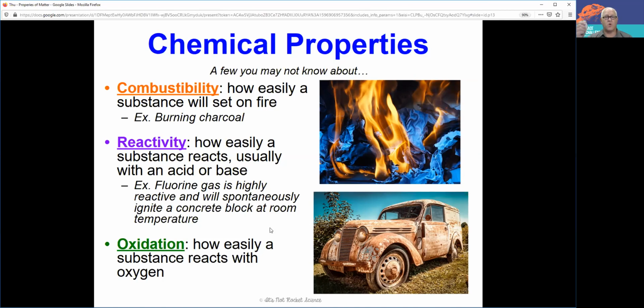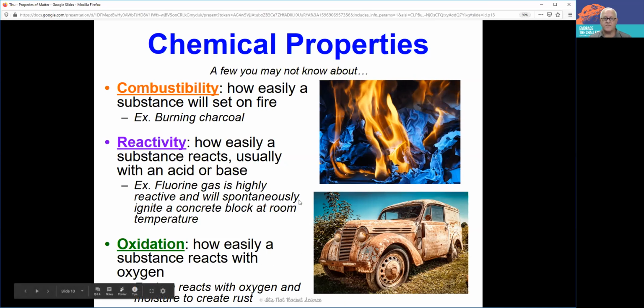If we add some water to it, we're now adding some oxygen in liquid form and hydrogen, and that has a reaction with the iron, and it starts to rust or tarnish. Iron will react with oxygen and moisture to create rust.